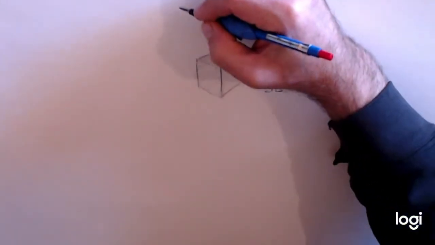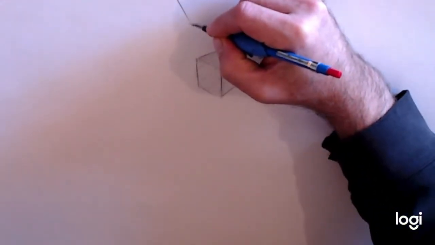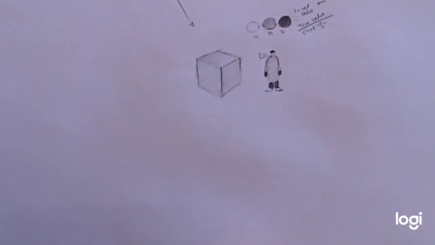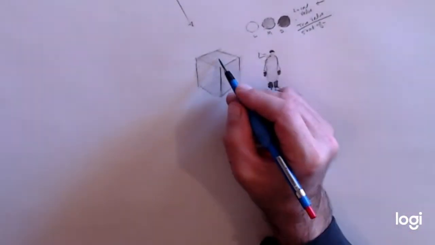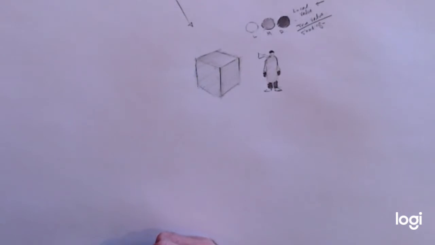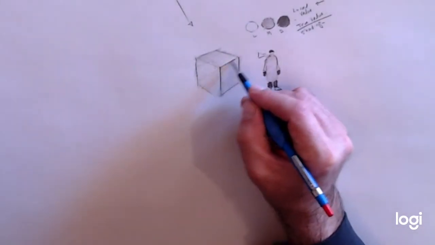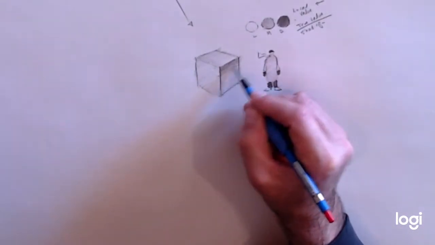And let's say that there's a light direction that's coming from this way. Okay, so this is going to become the lightest part, this will become a medium part, and this will become a dark part.